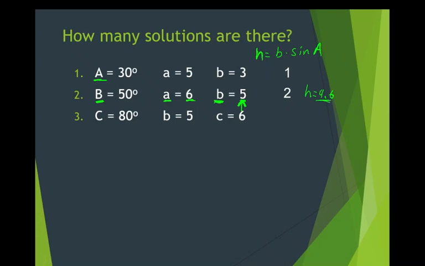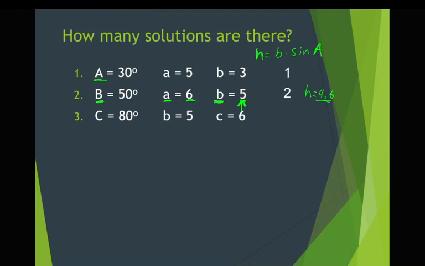Now, one thing you can do: the names of the sides and angles, you're able to change them up as long as you keep them consistent. So for this one, if I wanted to, I could rename this side A, and then this becomes angle A, to make it easier on me. The first thing I'm going to do here is check my height.